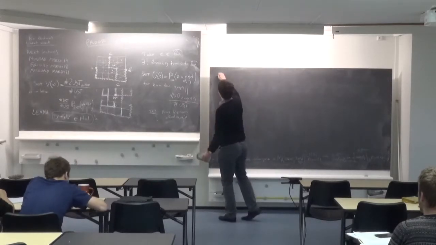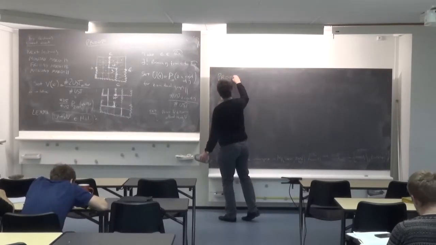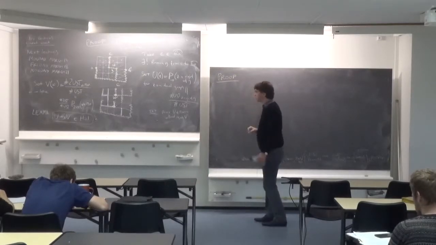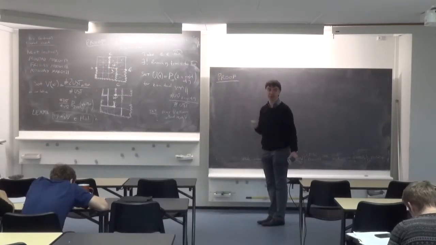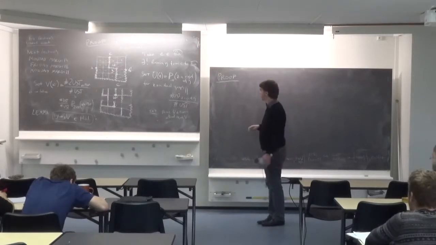So, proof. What do we need to show? We need to show that the Cauchy-Riemann equations hold. We need to show that there is a complex derivative.